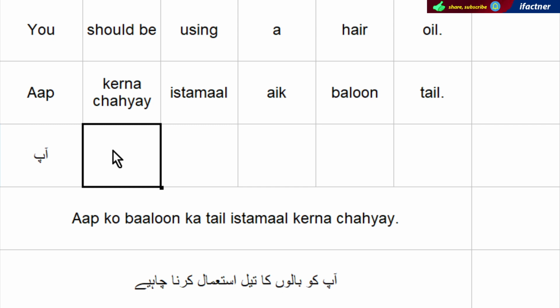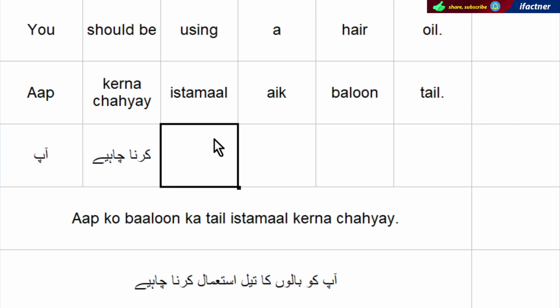करना चाहिए. Now, how do we write करना? काफ रे कर, नून अलिफ ना, करना. And चाहिए is चे अलिफ हे ये बढ़िए चाहिए.